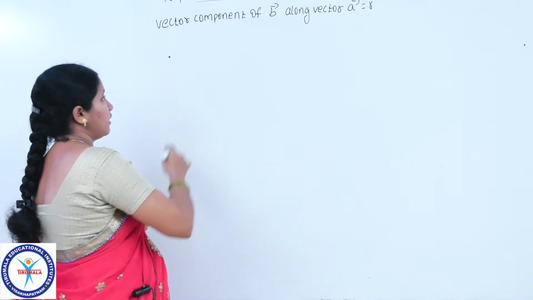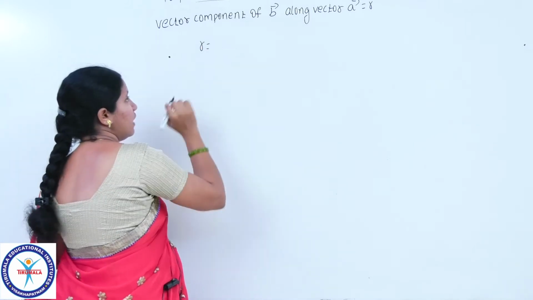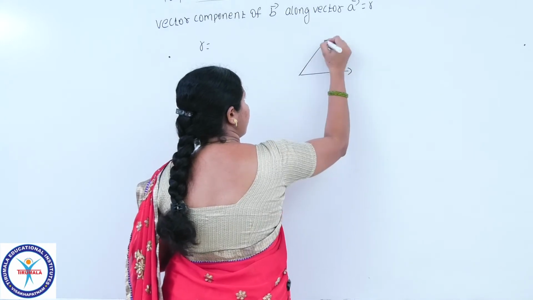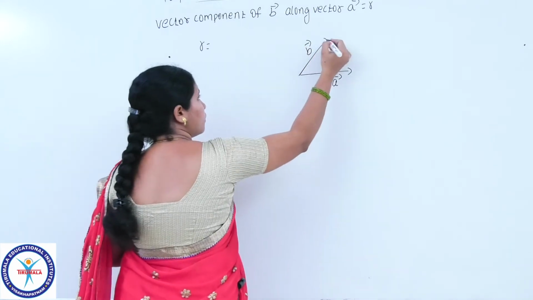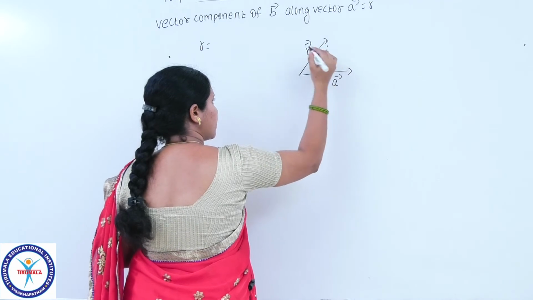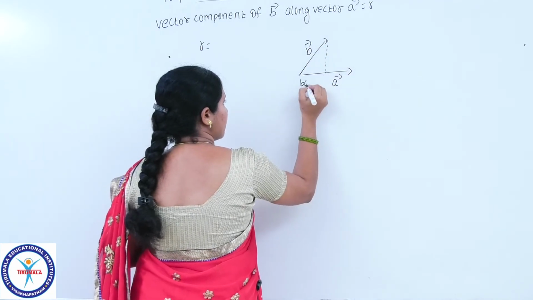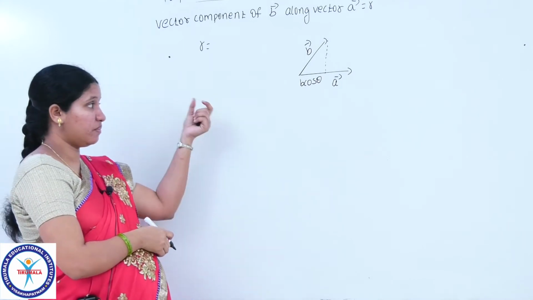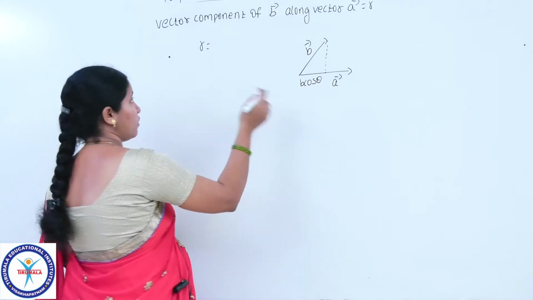So we can write r is equal to, let us consider a vector a bar and another vector b bar. So the projection of b bar on a bar is b cos theta. So the vector component of b bar on a bar is b cos theta.